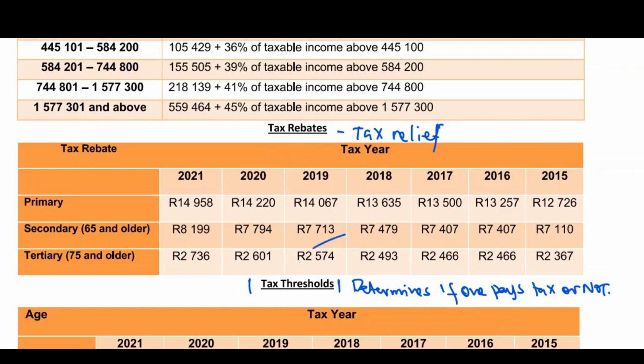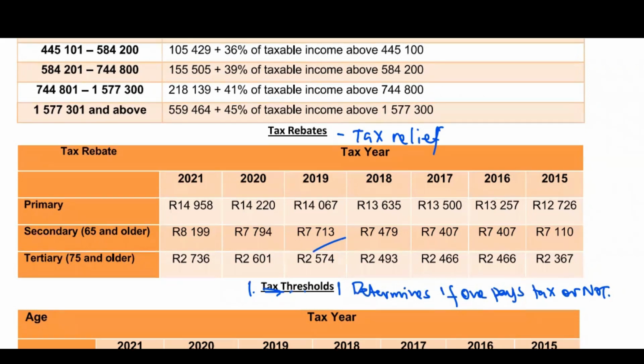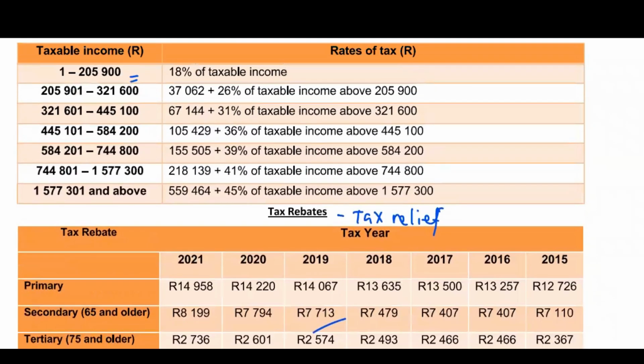When we are calculating threshold, we use it just to determine whether the person will pay tax or not. So rebates are a relief given by the government to taxpayers, and we subtract it from all the tax that a person has to pay.